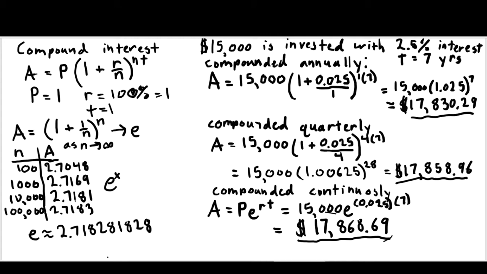This number e that we derived here in the context of compound interest is used in a lot of other exponential applications as well. So that's a very important number.